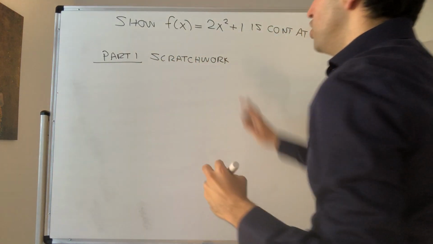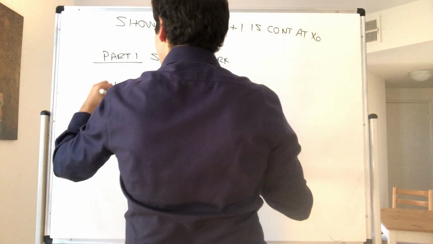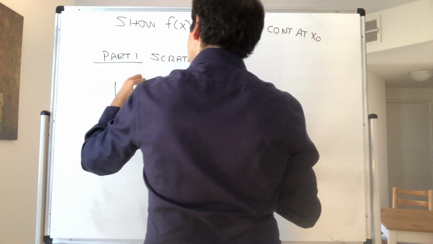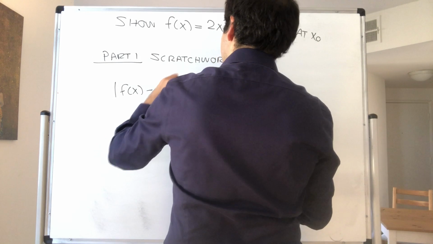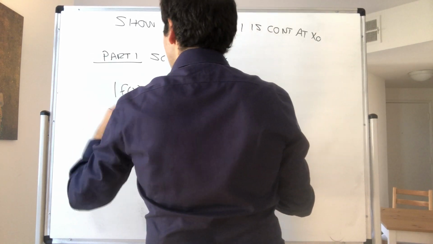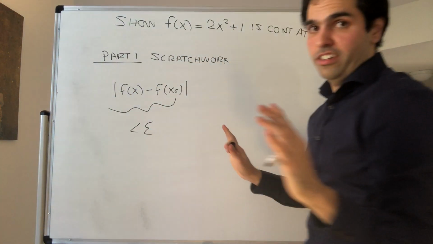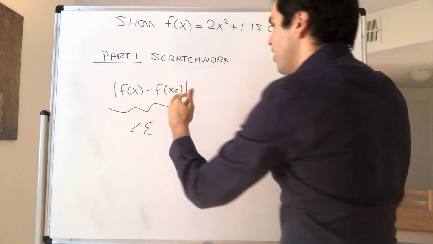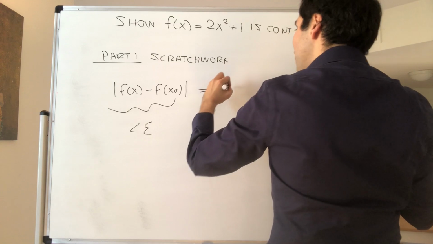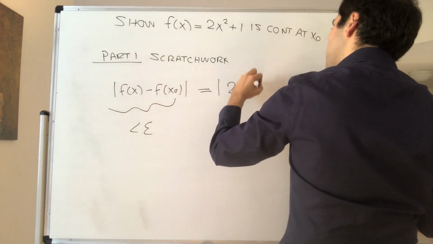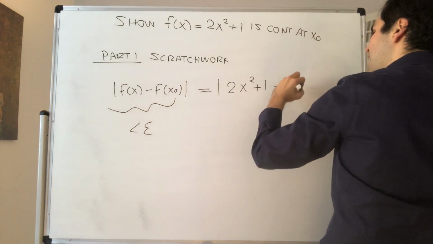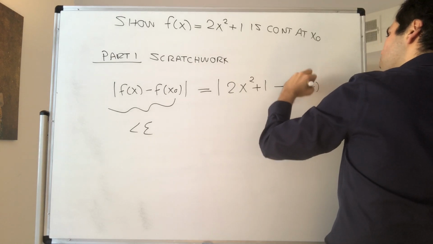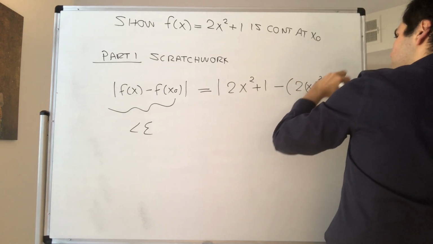So what do we want to show? We want to show that f of x minus f of x naught is small. So ideally, we want this to be less than epsilon. Okay? Now let's just do some algebra to calculate that difference. f of x is 2x squared plus 1, and this is minus 2x naught squared plus 1.